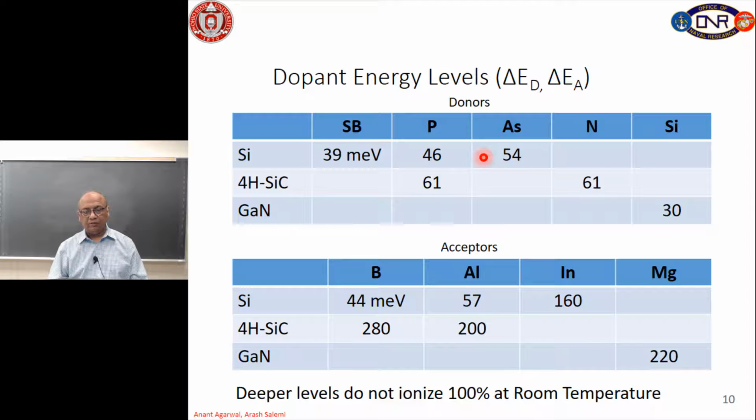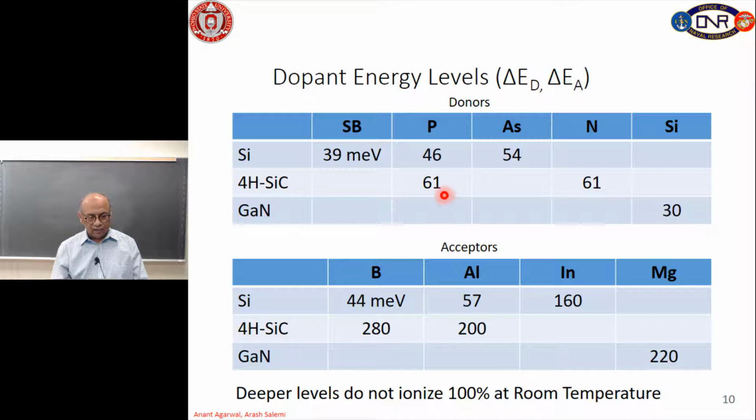These are measured from the conduction band. So, for example, phosphorus would be 46 milli electron volts below the conduction band edge.